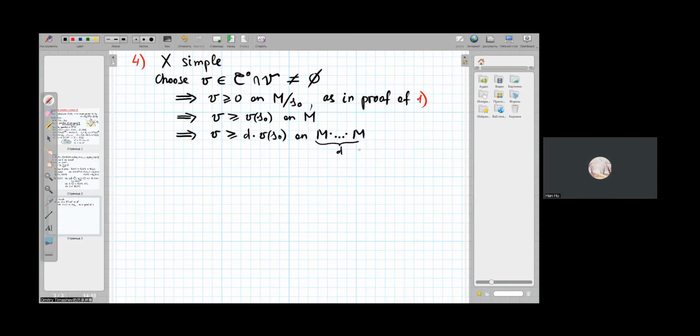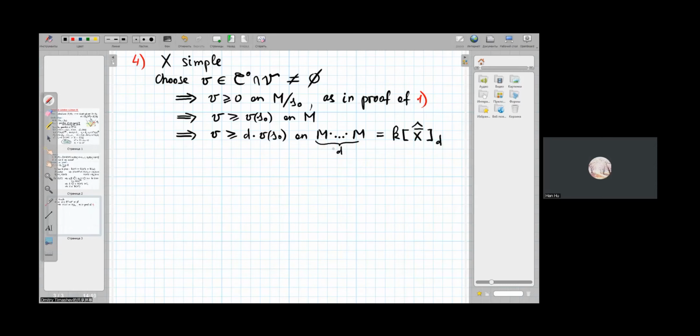Or in other words, this is the same as the homogeneous component of degree d in the coordinate algebra of the affine cone over X bar. So this space M is just the space of linear functions on this affine cone.